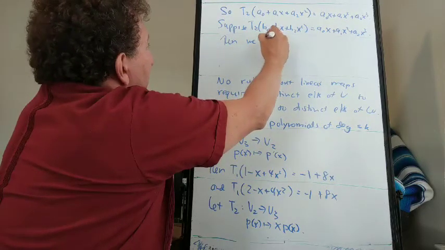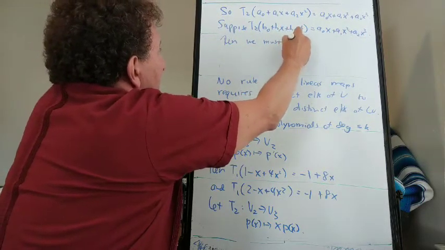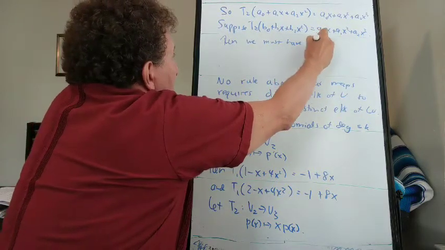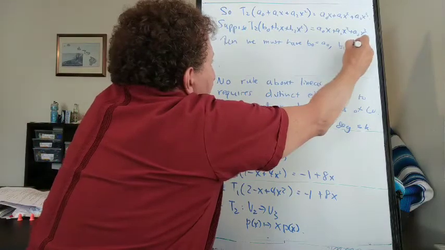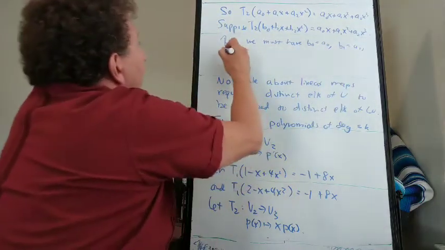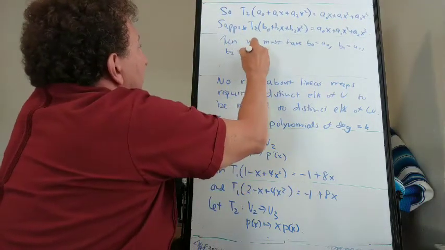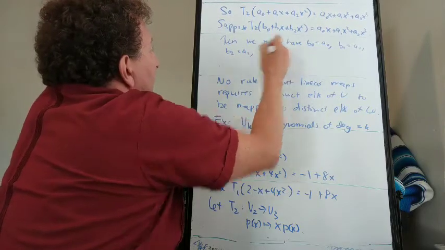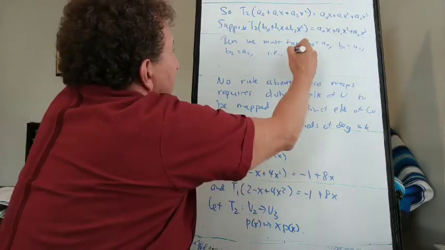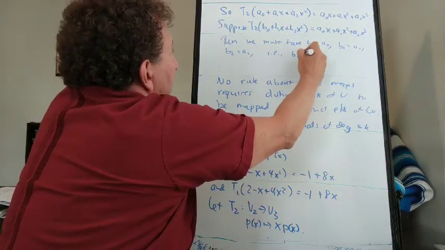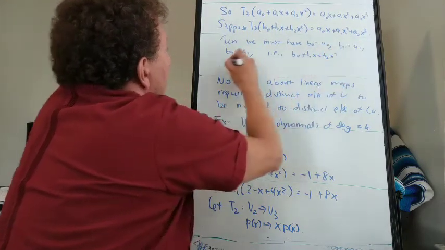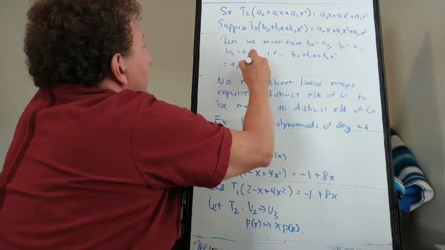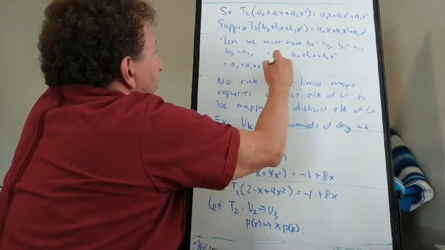So if this is true, then we must have b0 equals a0, b1 equals a1, and b2 equals a2. That is, b0 plus b1x plus b2x squared equals a0 plus a1x plus a2x squared.